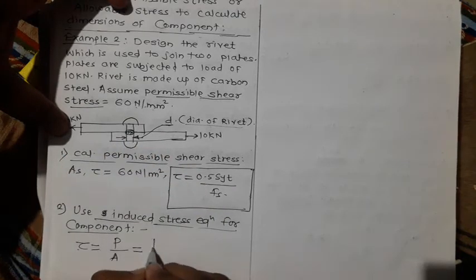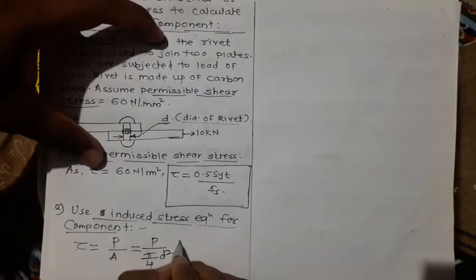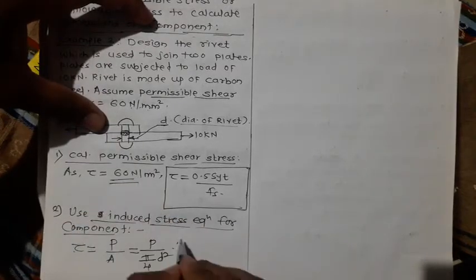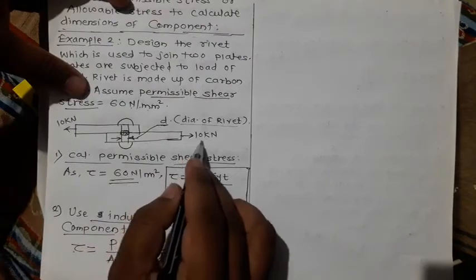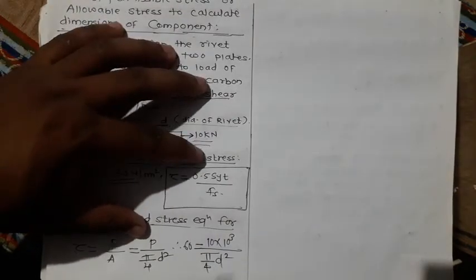So we can write P upon pi by 4 d square. So if we put here value of tau as 60, which is already given, then P as 10 into 10 raised to 3 in Newton, upon pi by 4 d square.